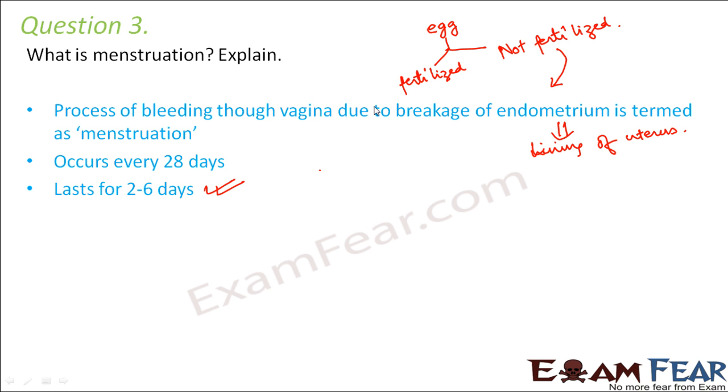When no fertilization happens, it waits for some time and then finally breaks itself. This endometrial lining, which is made up of blood vessels, comes out as bleeding through the vagina. This is how menstruation takes place. This process occurs approximately 14 days after ovulation. This is the time period for which it waits for the fertilized egg to come into the uterus.